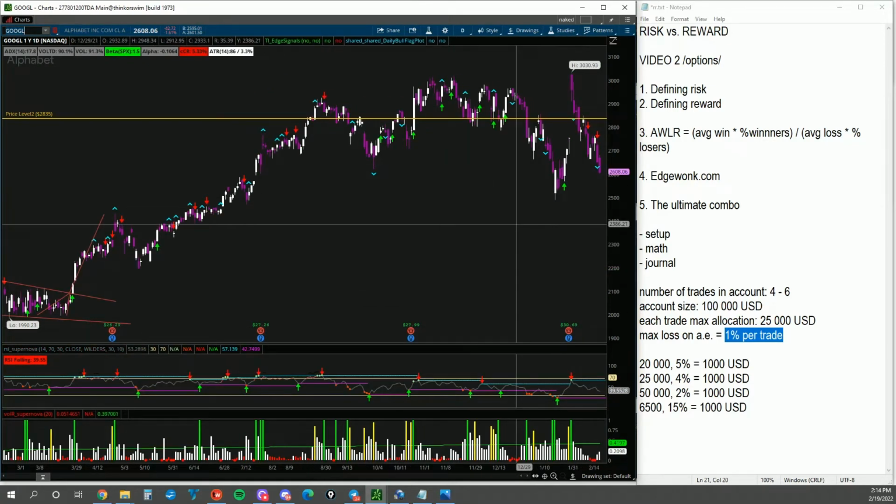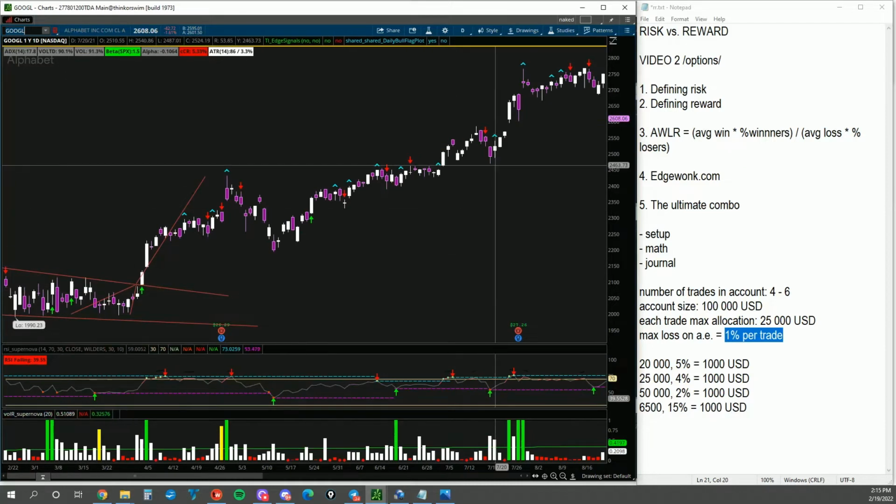Let's say, for the sake of argument, and I'm looking at places where I could have bought, so let's look at Google right here. Google is forming like a base.